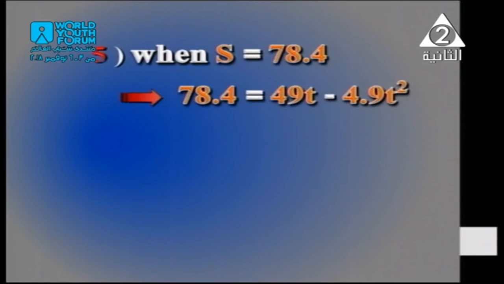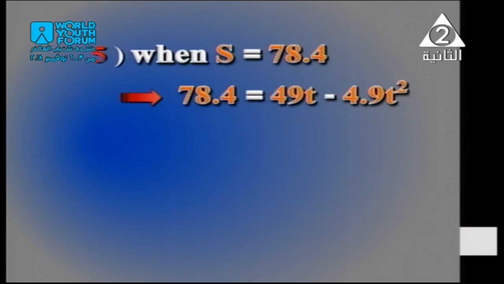When s equals 78.4, we find the time when the stone reaches a distance of 78.4 by using substitution in the first equation. 78.4, this distance, equals 49t minus 4.9t squared.